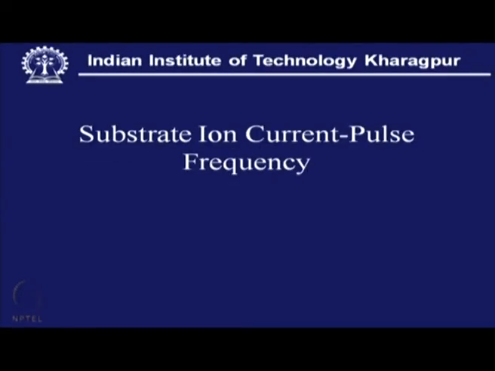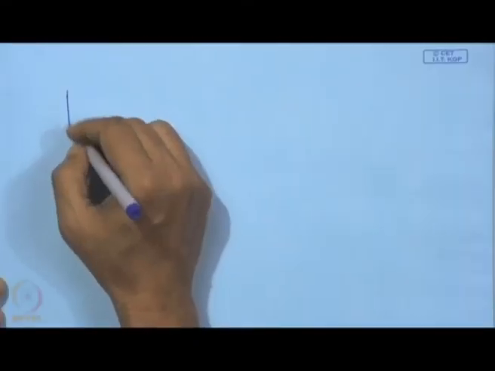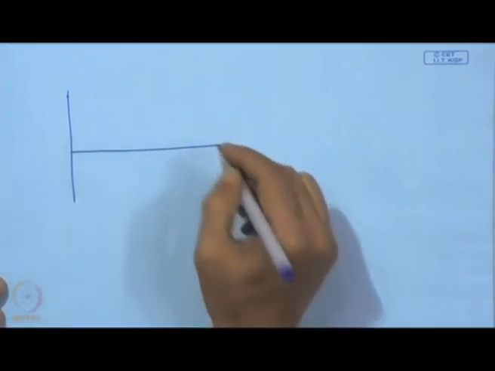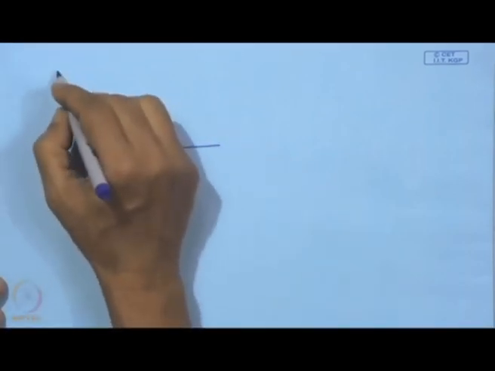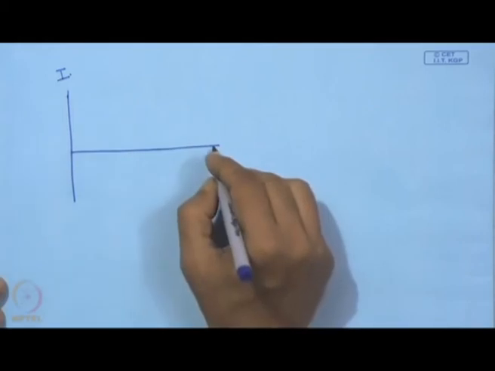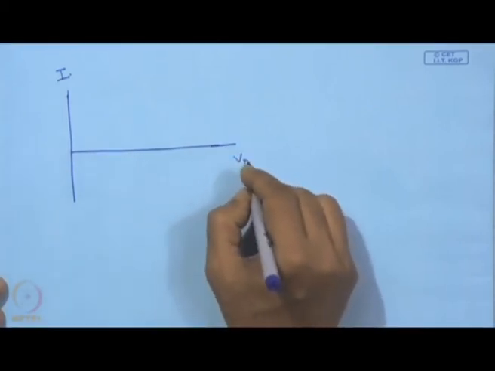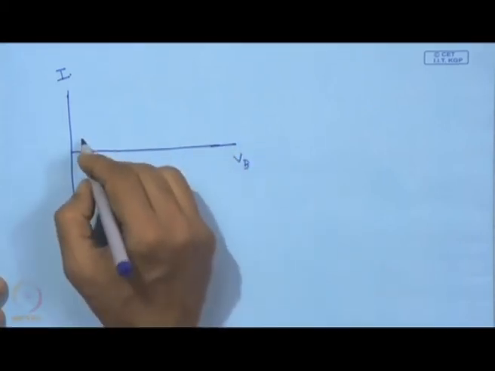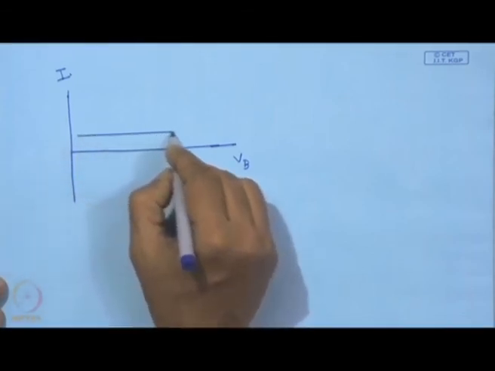So, substrate ion current versus pulse frequency. This is one very important graph, in that normally what we see is substrate ion current I and substrate voltage. Now, normally it becomes saturated.